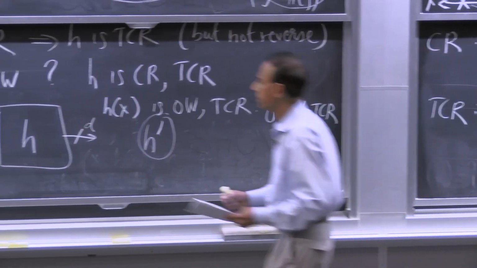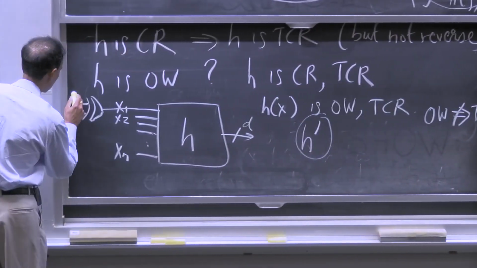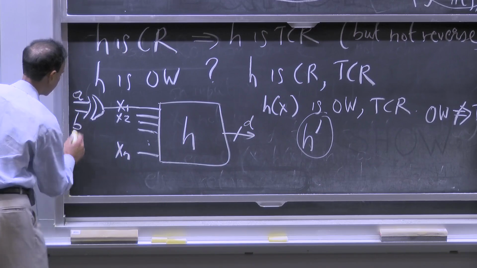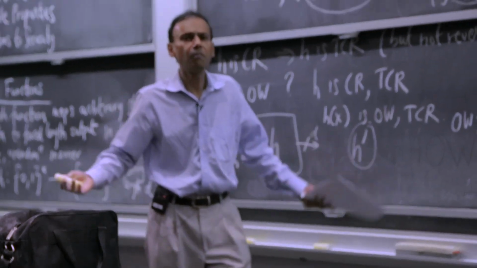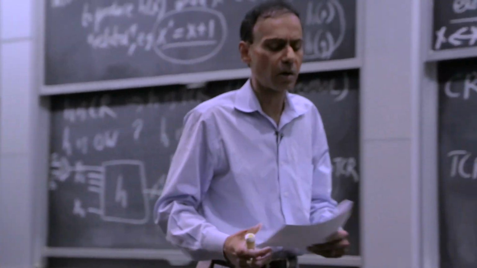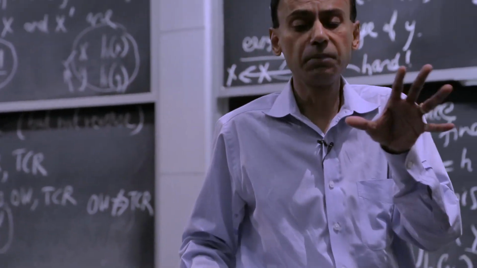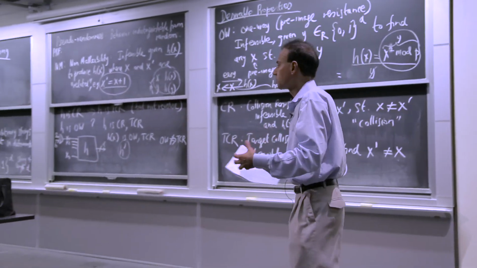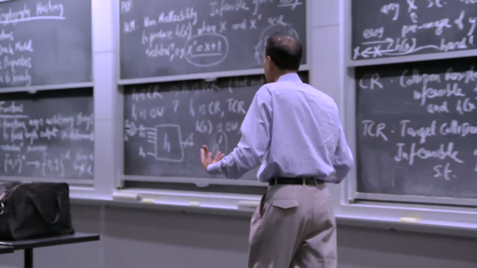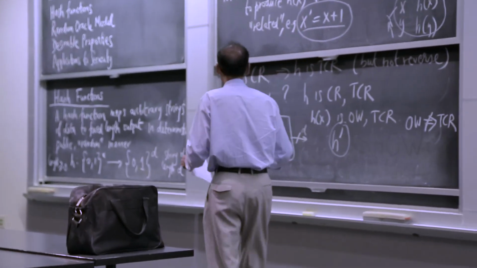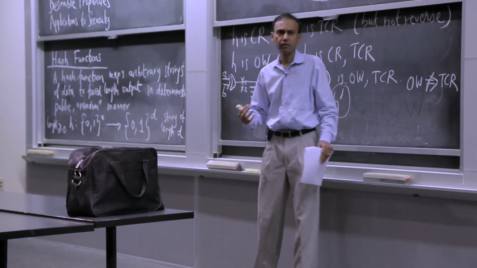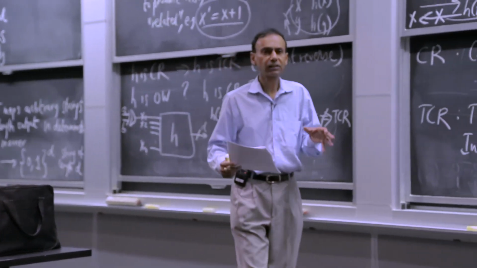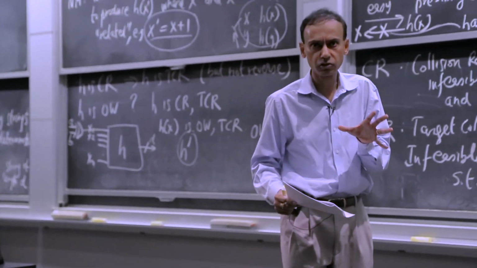So you have A and B here. I've taken x1 and I have A and B here. I can have as many inputs as I want to this function. Oh, I should mention, by the way, h of x is working on arbitrary strings, and obviously I put in some number here that corresponds to n, which was a fixed number. So you might ask, what the heck happened here with respect to arbitrary strings?